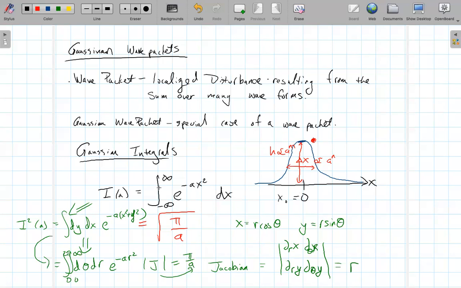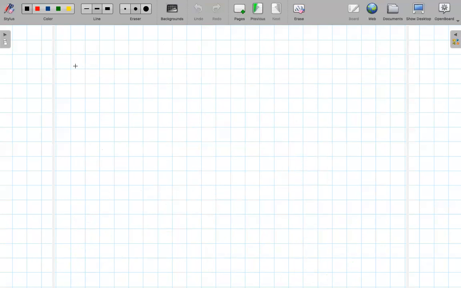For a Gaussian wave packet, our wave function psi of x is going to be equal to the inner product between x and psi, which is some normalization constant times e to the minus ax squared.